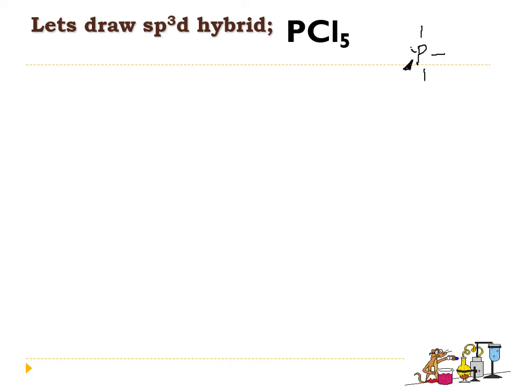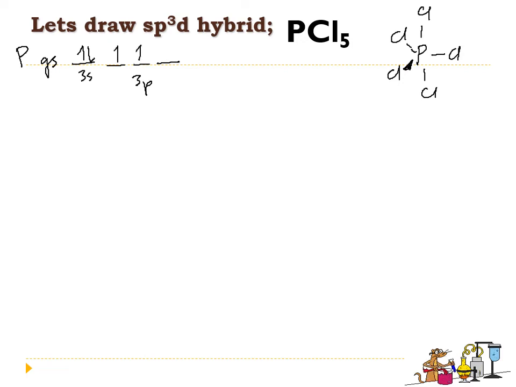It has 5 bonding pairs of electrons, and when we look at the phosphorus central atom, it has 5 valence electrons at 3s and 3p. Double electrons at 3s, single spin at 3p orbitals.